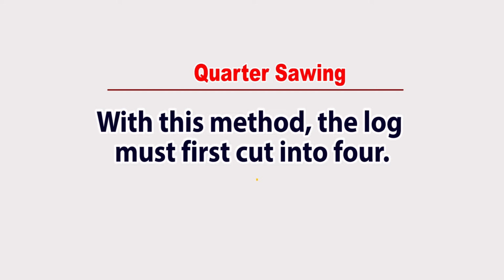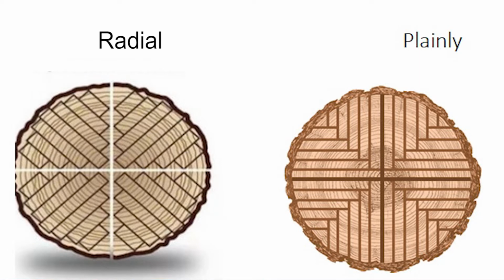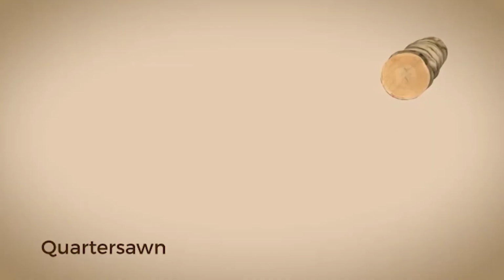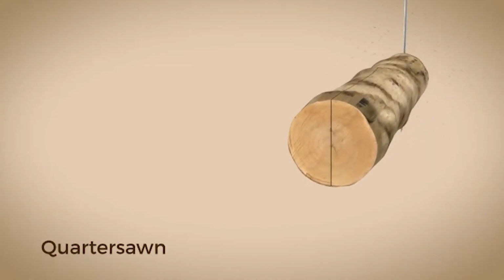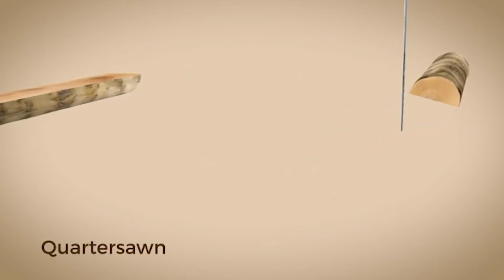Remember, quarter sawing: it must first be cut into 4, and then each of these quarters will be sliced either in a radial way, like you can see on the screen, radially towards the radius, or plainly along the radius. Now take a look at the animation that describes how quarter sawing is done.